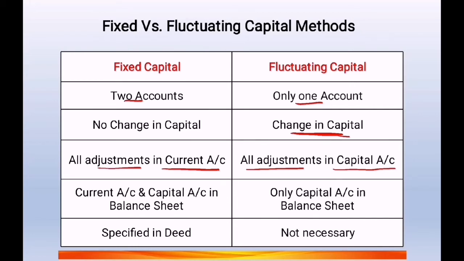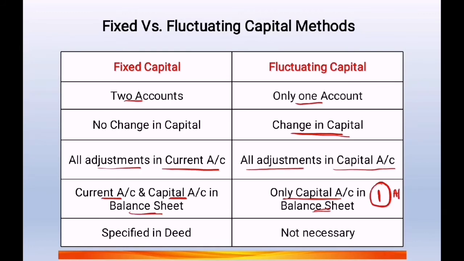The fourth difference is that under the fixed capital method, we have to show the current account as well as the capital account in the balance sheet because two accounts are prepared under this method. Whereas in the fluctuating capital method, only the capital account is shown in the balance sheet because here we prepare only one account.